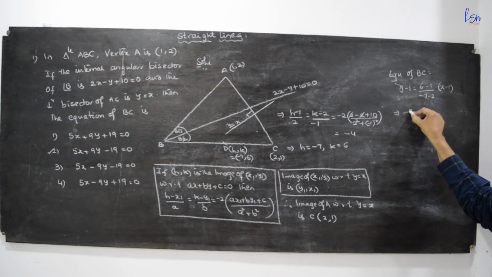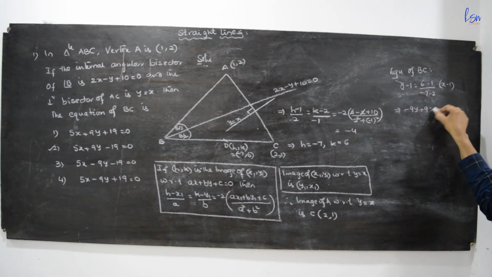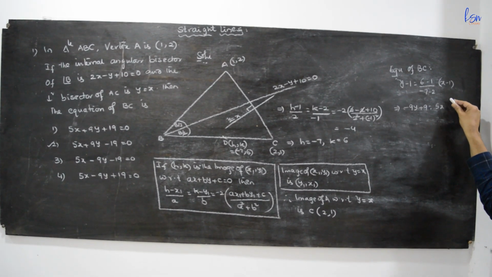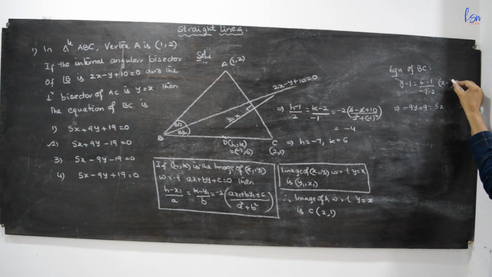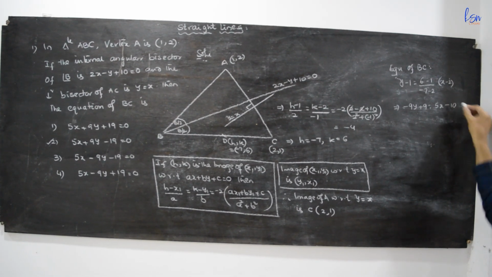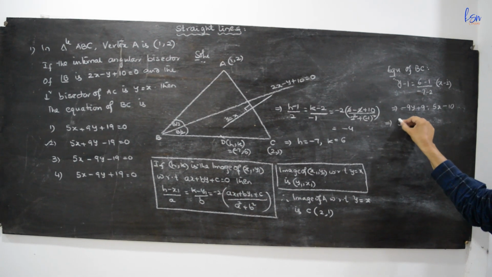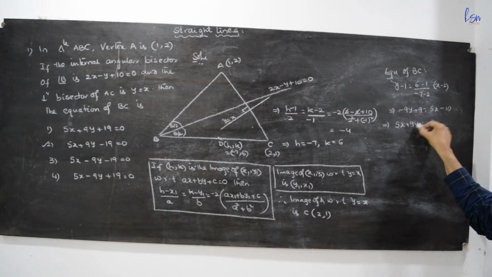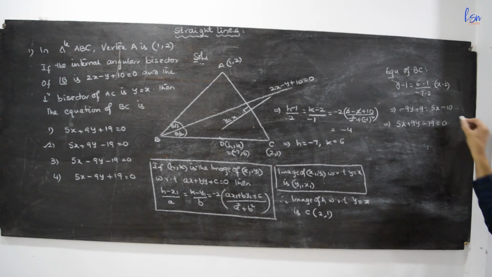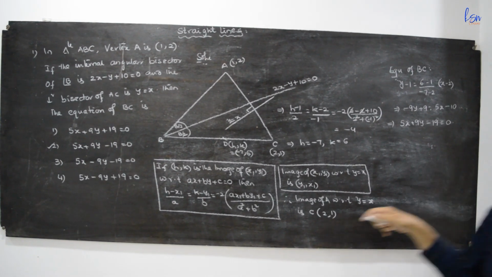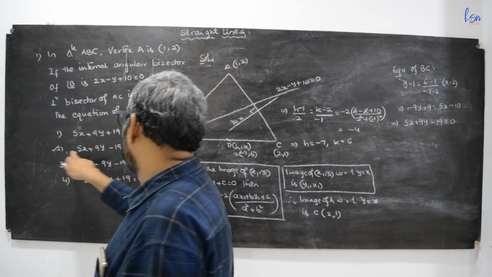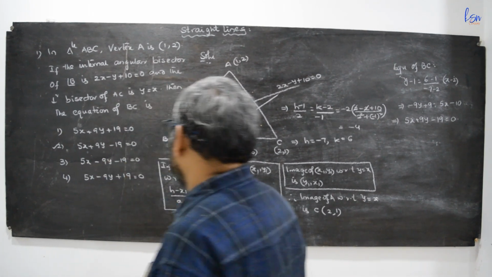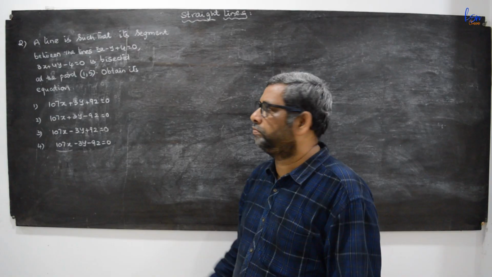This is minus 9y plus 9 is equal to 5x minus, this is x minus 2, 5x minus 10. This implies 5x plus 9y minus 19 is equal to 0. So the second one is the option 5x plus 9y minus 19 is equal to 0.